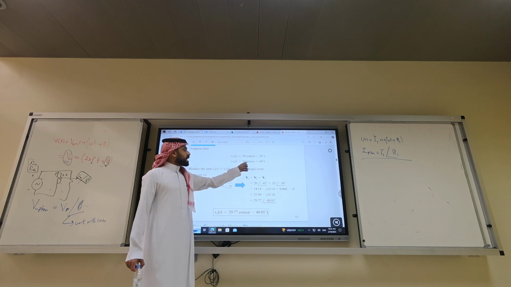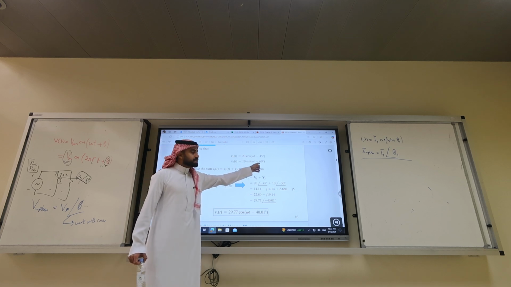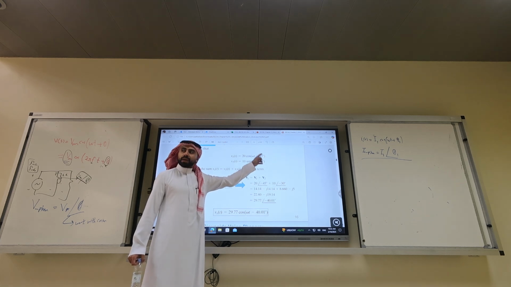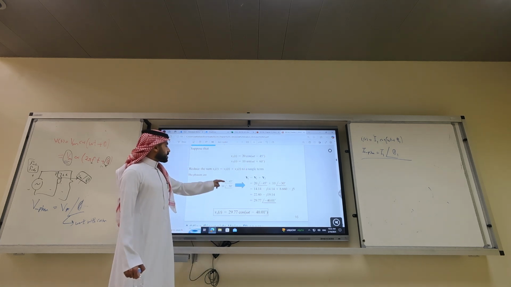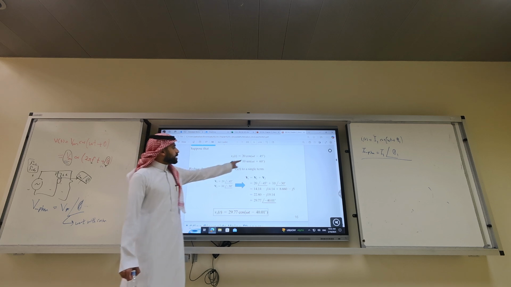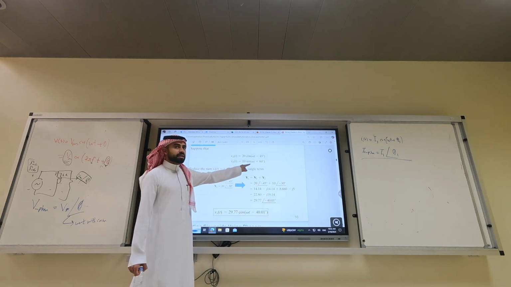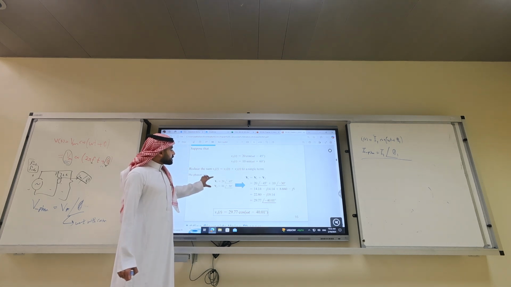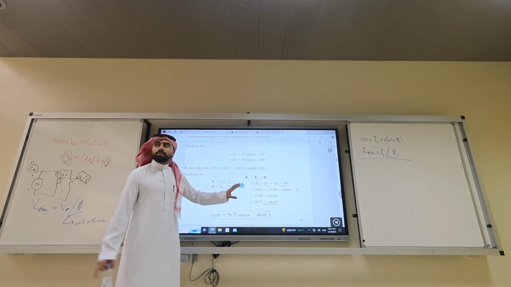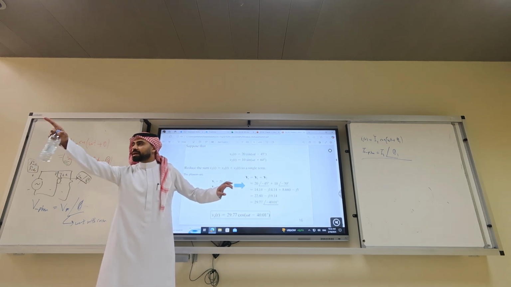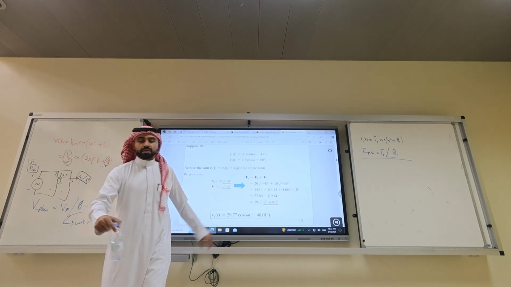The second is 10 angle 60 minus 90, which is minus 30. So the first phasor is 20 angle minus 45, the second phasor is 10 angle minus 30. If I add them, I have to use complex numbers, and now complex numbers come into the picture.